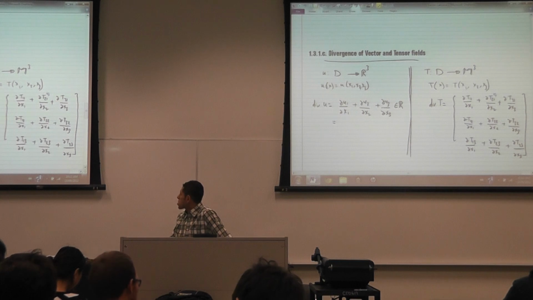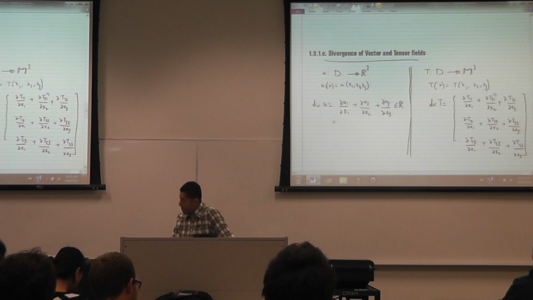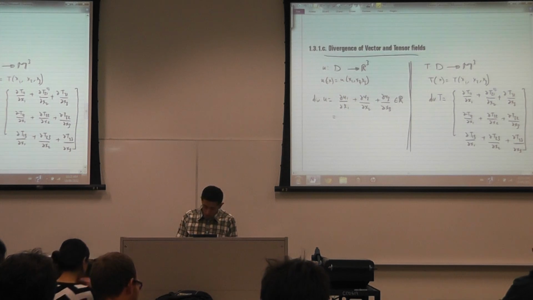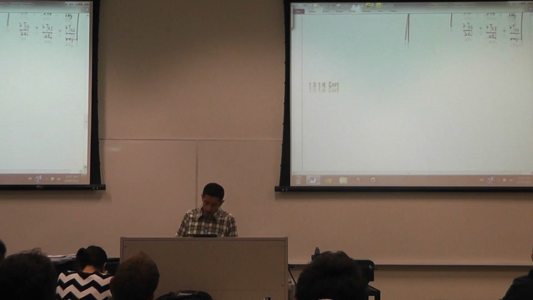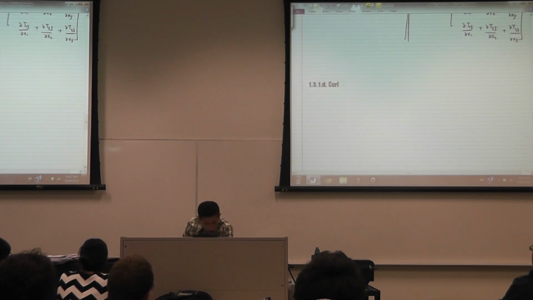Some other books would use partial T11 by partial x1 plus partial T12 by partial x2 plus partial T13 by partial x3. The following definitions, I will not need them, but the geotechnical students might need them.